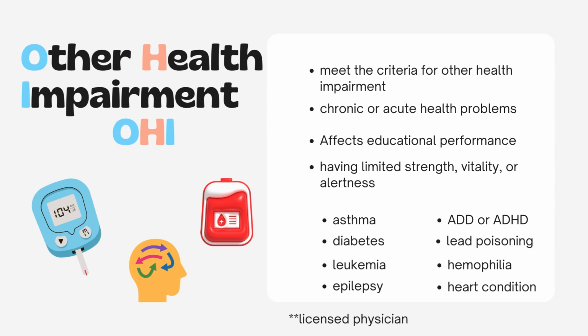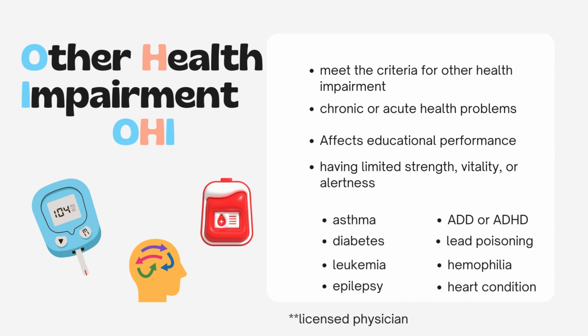Other health impairment. To meet the criteria for other health impairment, it has to be one of the criteria, and chronic or acute health problems is another one, that affects educational performance.